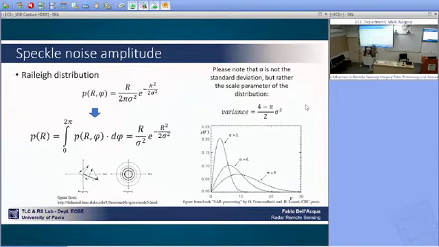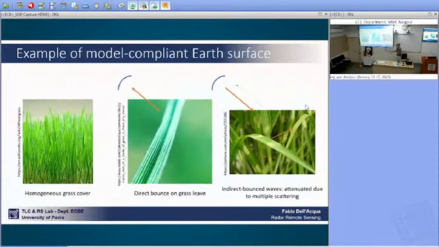What am I talking about here? I'm talking about something like this. So what are the individual reflectors? If you imagine, for example, a homogeneous grass cover, one blade of grass is an individual reflector. There are many, each of them giving its own response, okay?